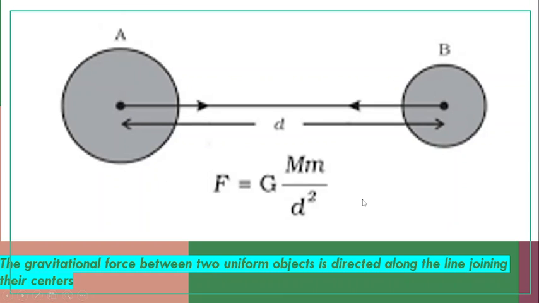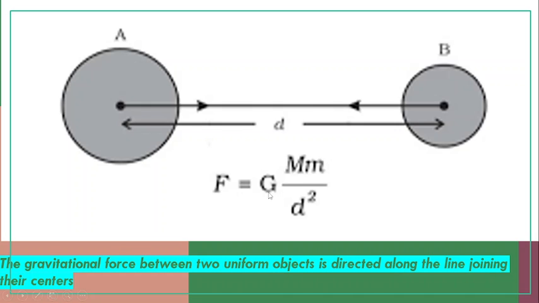The formula is F equals capital G multiplied by capital M multiplied by small m, divided by D squared. Capital M represents mass 1, small m represents mass 2, D represents the distance, and F represents force.